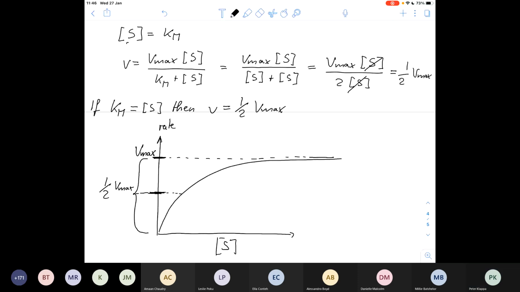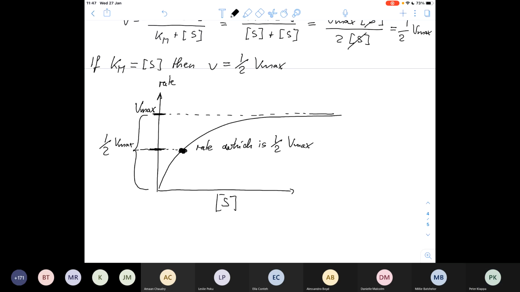And this point here on our graph is the rate which is 1/2 of Vmax. Yeah, does that make sense? And the corresponding substrate concentration, that's this guy here.